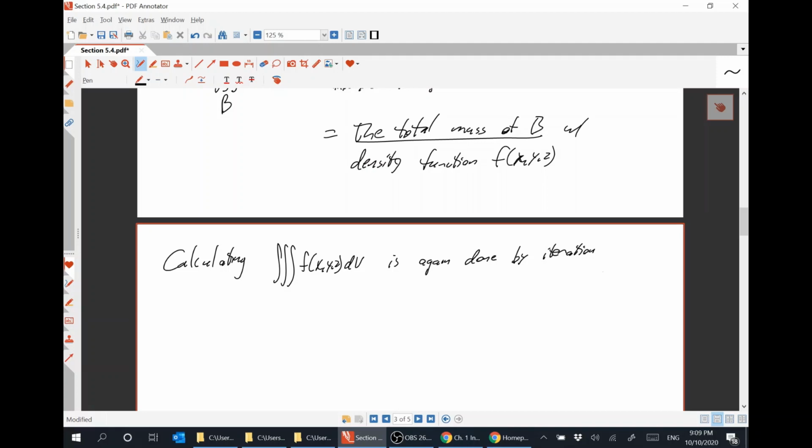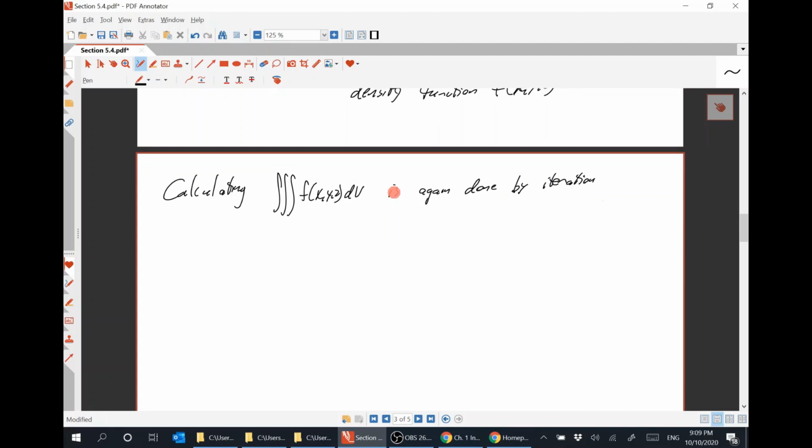The explanation requires talking about mass instead of volume, but we'll leave out the discussion. It works out in the same way as it does with double integrals.